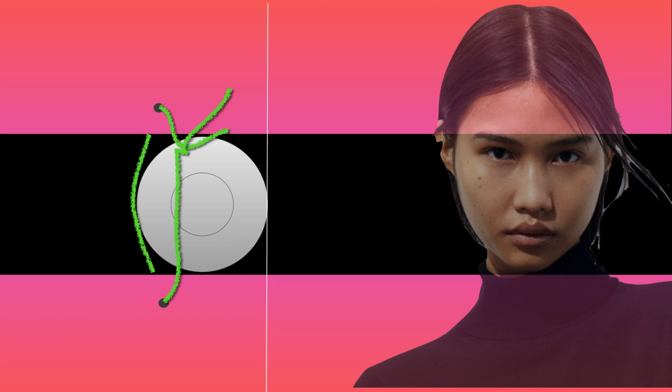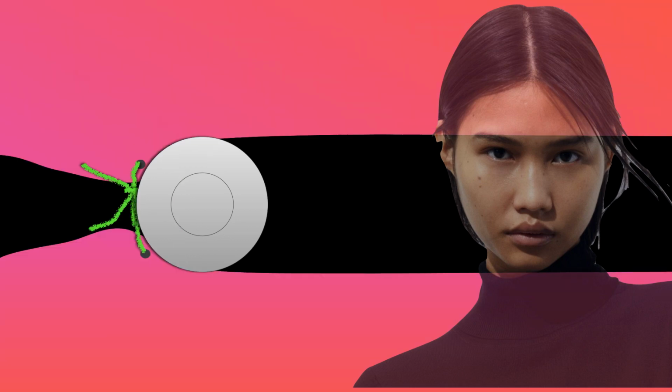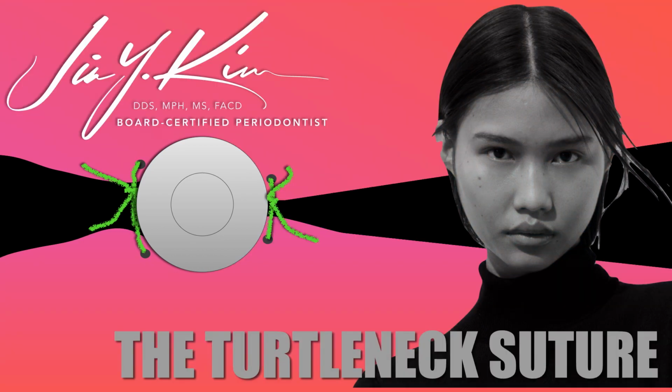It usually is parallel on the top, but there is a taper portion in some of them. Therefore, we utilize that and pull that towards the bone and not to rise. So again, the key is to have the suture introduced within the diameter, and that's how we get this turtleneck suture effect. Again, I have a very detailed video on this technique with good examples on another site. So there's the turtleneck suture.